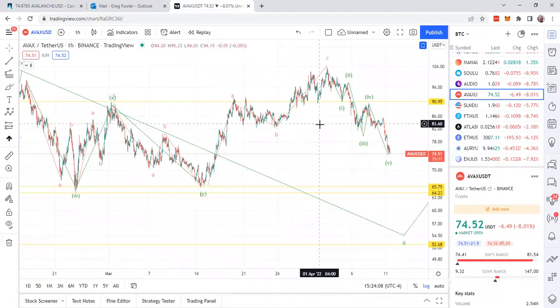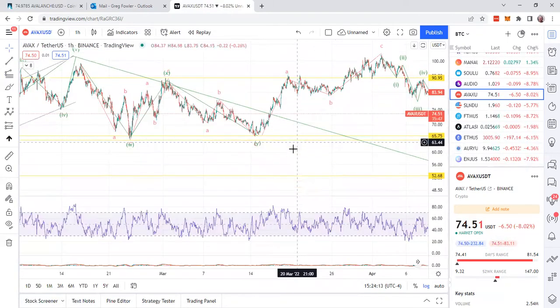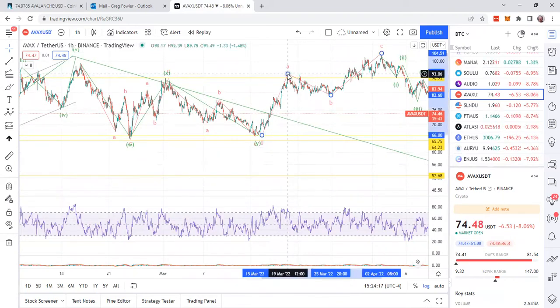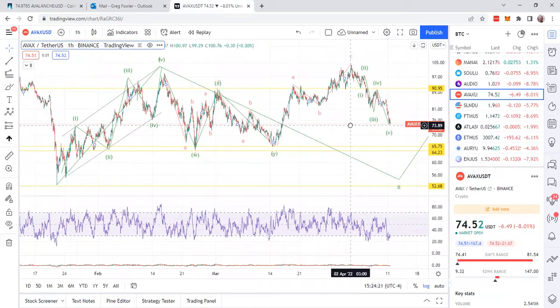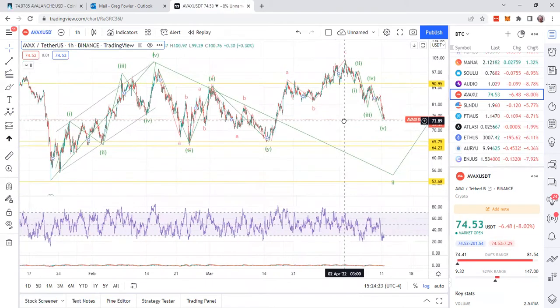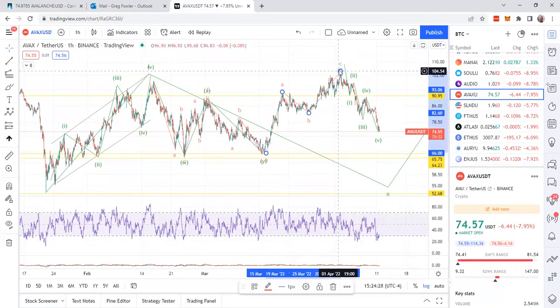So now what do we got over here? Go back through these counts. Yeah, there's your third wave. Okay. You can't say this is 1, 2, 3, 4, 5.